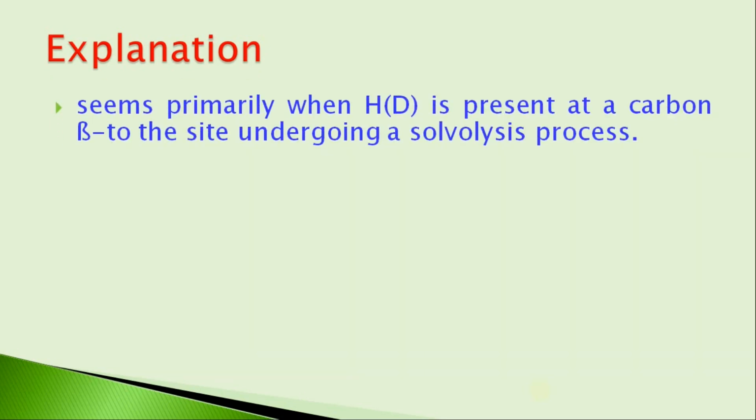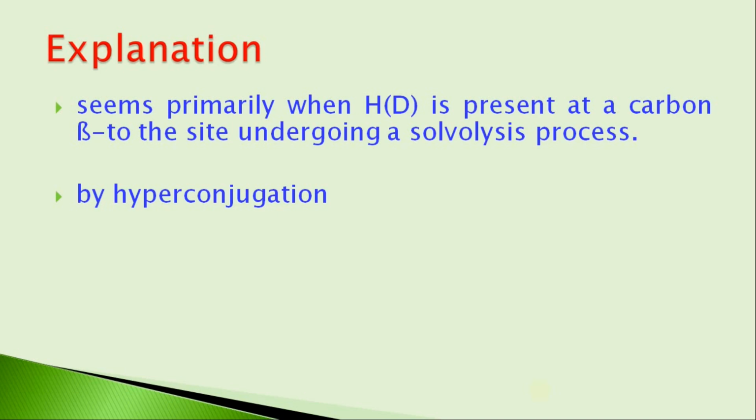To understand it, we must know that beta secondary kinetic isotope effect seems primarily when lighter isotope H or heavier isotope D is present at a carbon beta to the site undergoing a solvolysis process or cleavage, and this can be explained by the concept of hyperconjugation.